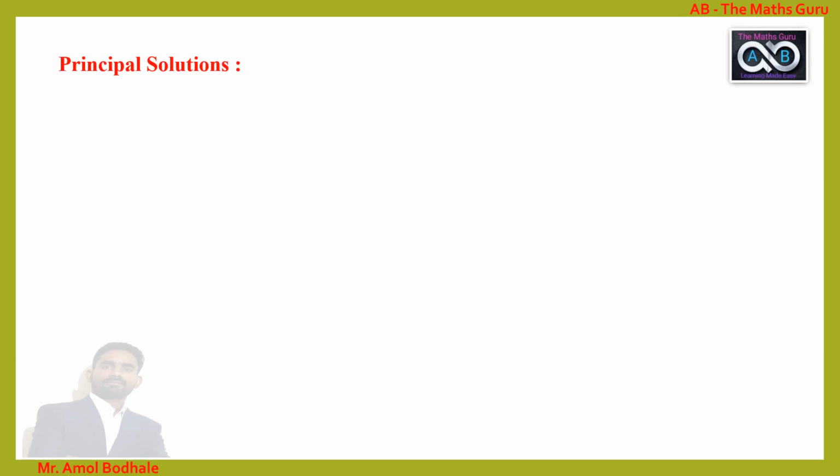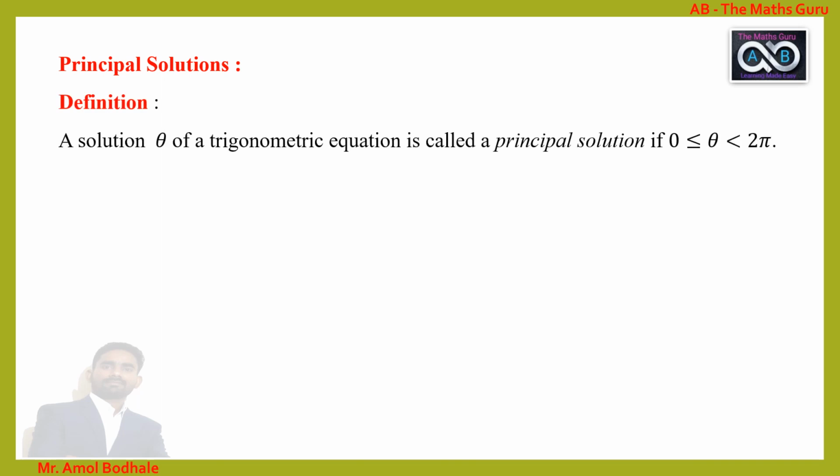Let's see the concept of principal solution. A solution theta of trigonometric equation is called a principal solution if 0 is less than or equal to theta is less than 2 pi. That means whenever we solve any trigonometric equation, we get either finite or infinite solutions, but those solutions which lie between 0 and 2 pi, that is 360 degrees, will be called principal solutions.